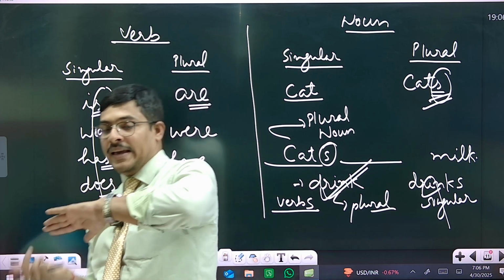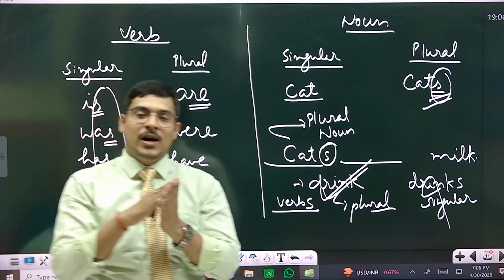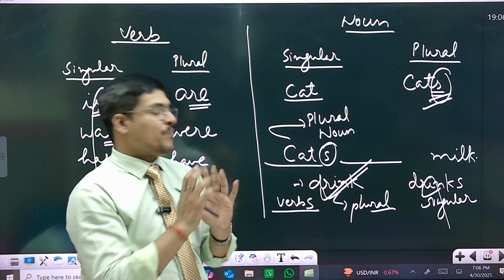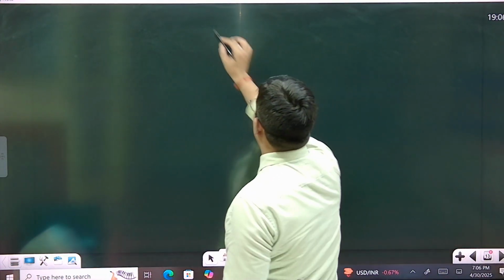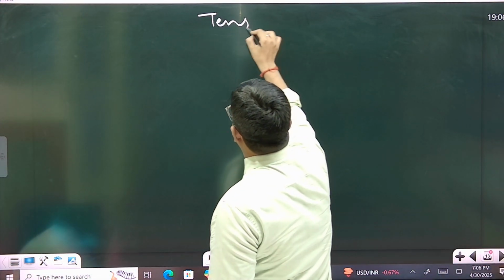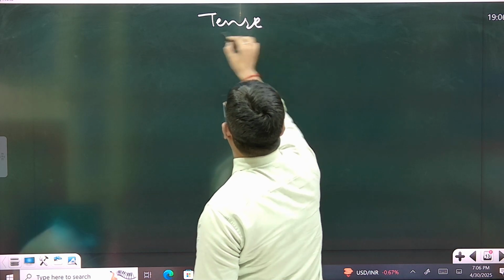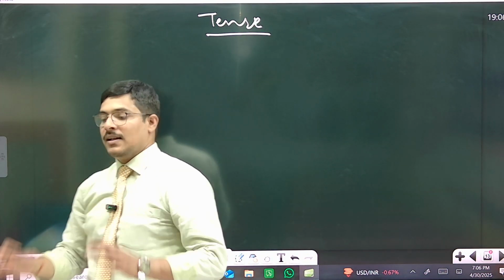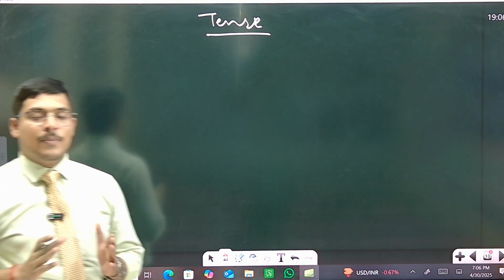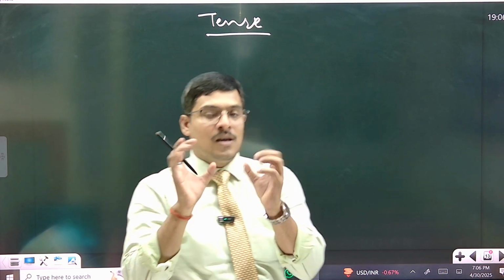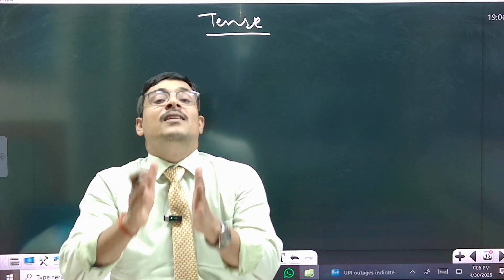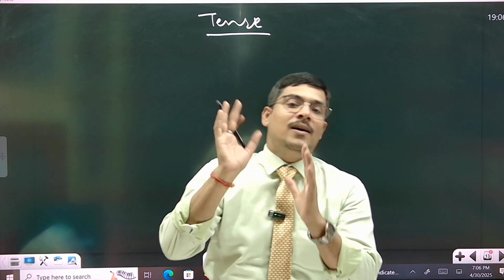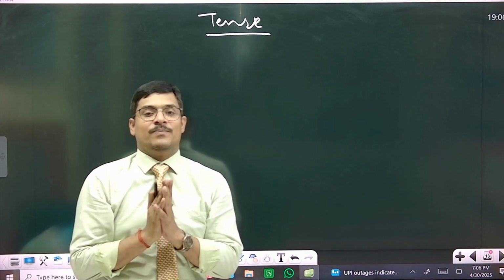Now we will again return to our tenses. As we saw, what are tenses? We have already discussed the definition of tenses. Tenses are the tools that help us structure a meaningful sentence by establishing the time of occurrence of an action.